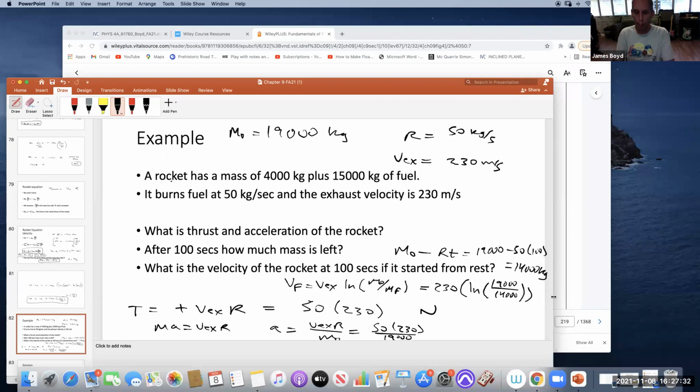I can actually do that one on my calculator just for the heck of it. 230 times, where's my ln? My eyes are horrible. ln of 19,000 divided by 14,000 is about 70.24 meters per second.